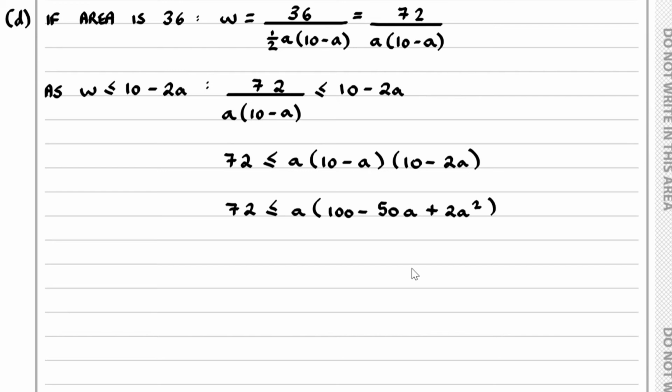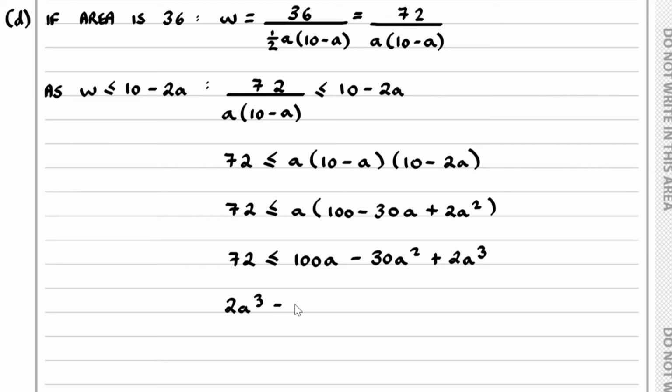And therefore, if we attempt to simplify this even further, rather here we've got minus 30. We have 72 being less than or equal to a multiplied by 100, so that's 100a, then I've got subtract 30a squared plus 2a cubed.